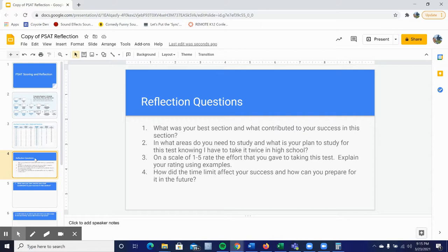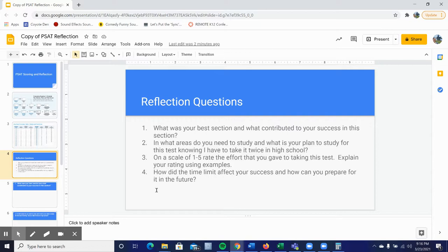For question number 3, on a scale of 1 to 5, rate the effort that you gave to taking this test. Explain your rating using examples. Based off of your effort with the test, and be honest with this one, give yourself a rating and then give some examples why.